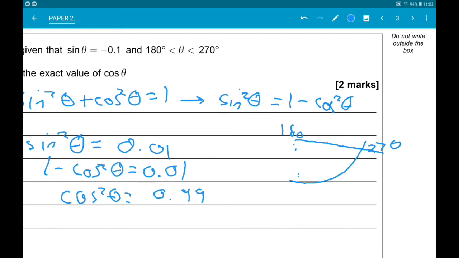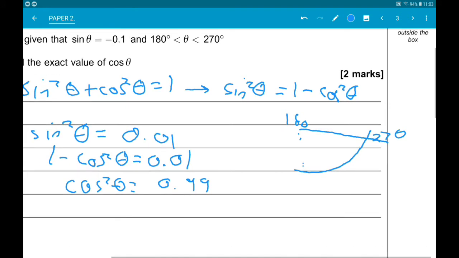So we can see between 180 and 270 degrees, cos is negative. So cos theta here is minus root 0.99.